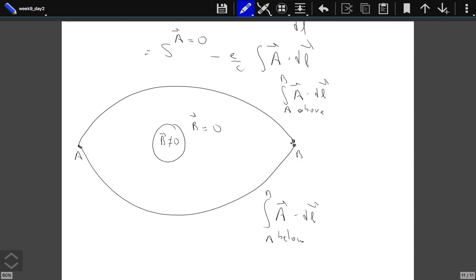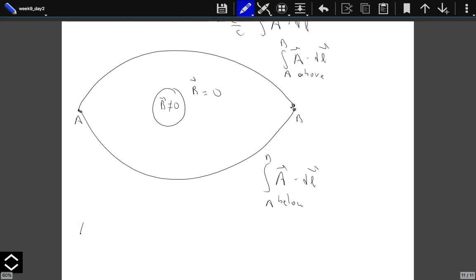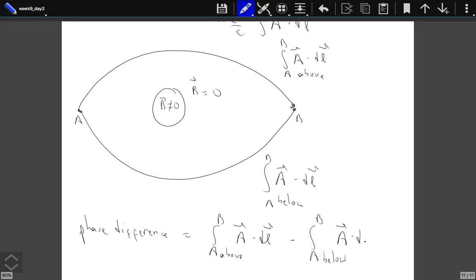Now we had already seen that the phase difference will change the interference pattern at the point B. So the phase difference would be just from the point A to the B above, A dot dl, minus from the point A to the point B below, A dot dl.